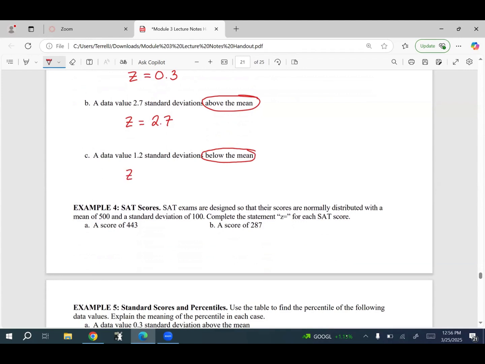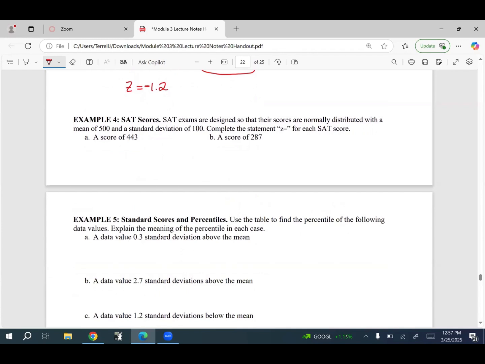So the z-score is 1.2, but this time I'm below the mean, meaning I would be to the left of the mean. So this would be a negative z-score now. The positive or negative just indicates where you are. Are you to the right of the mean, or to the left of the mean? Are you above the mean, or below the mean?